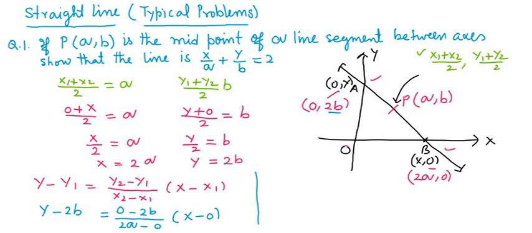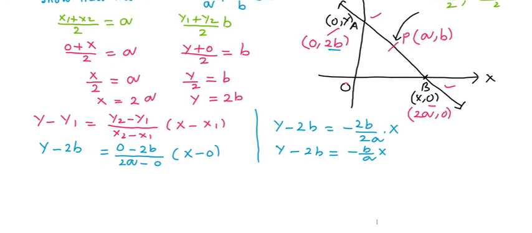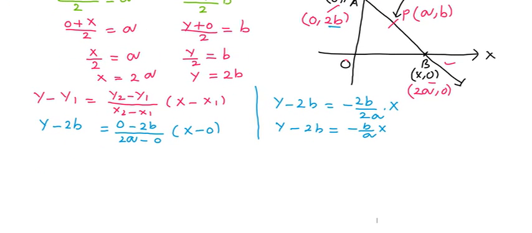When we solve, we see y minus 2b is equal to (minus 2b)/(2a) into x. So y minus 2b is equal to minus (b/a) x.